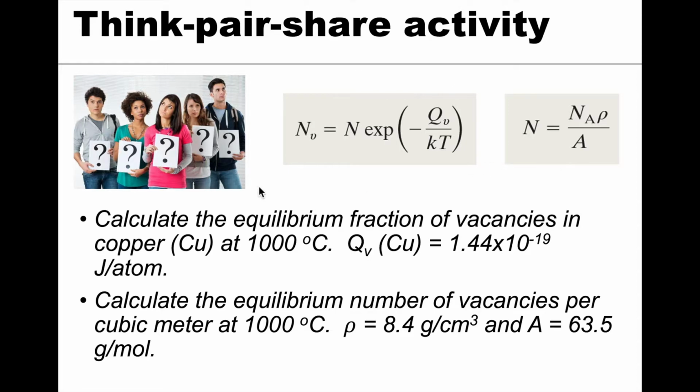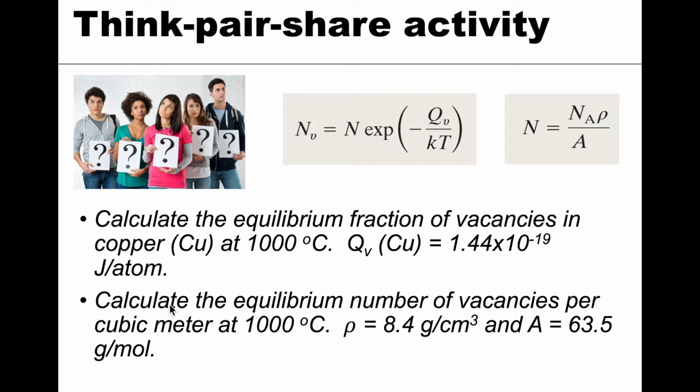And what I want us to do is calculate the equilibrium fraction of vacancies in copper at 1,000 degrees Celsius, and I give you the activation energy QV for copper, and that's 1.44 times 10 to the minus 19 joules per atom.